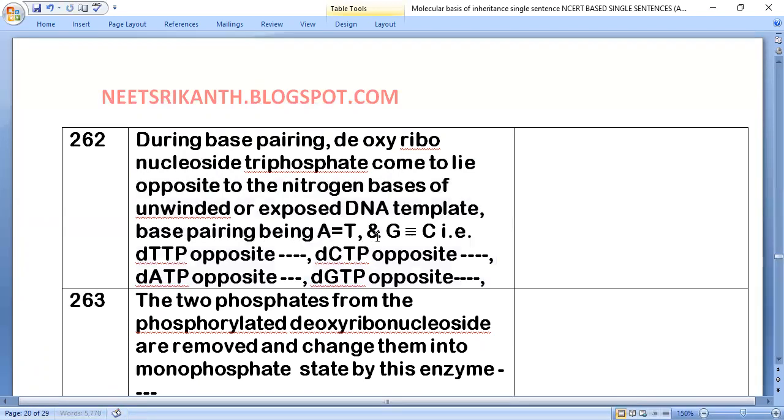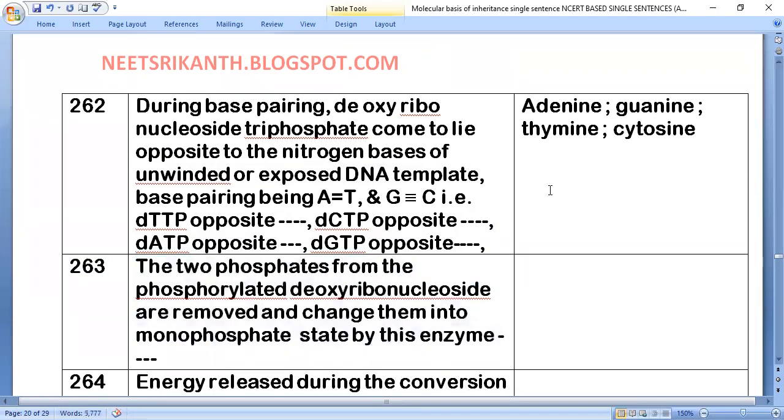Base pairing being A-T, G-C: dTTP opposite adenine, dCTP opposite guanine, dATP opposite thymine, dGTP opposite cytosine. The two phosphates are removed, changing them into the monophosphate state by the enzyme pyrophosphatase.